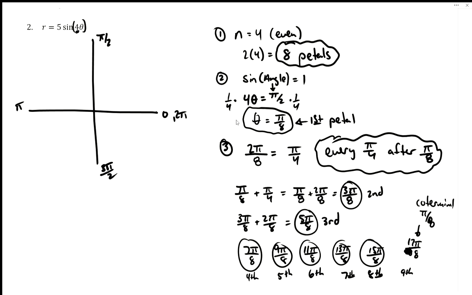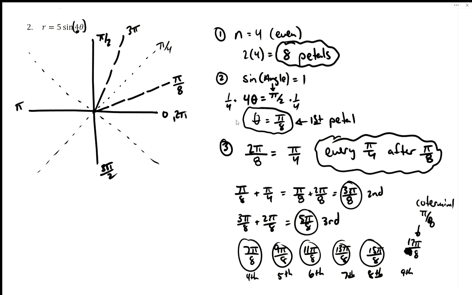All right, now all I'm doing is marking all of my angles. Here's where pi quarters is. I know I don't have any pi quarters, but it might help with graphing these problems, because they're all pi eighths. I know pi eighths is half of pi quarters. So my pi eighths is here. 3 pi eighths would be in between pi halves and pi quarters, so here's 3 pi eighths.